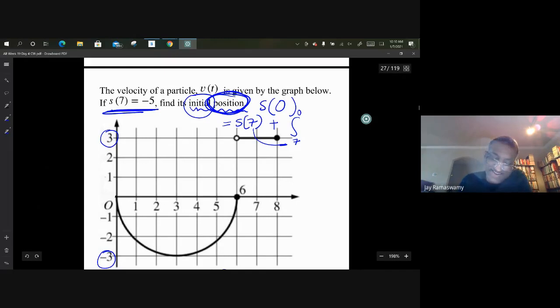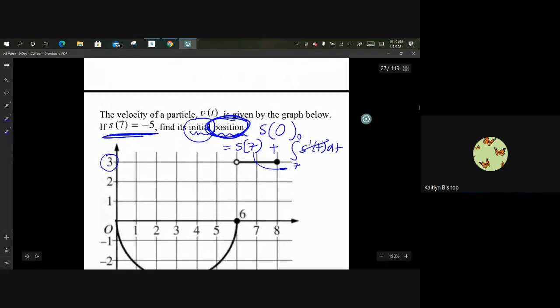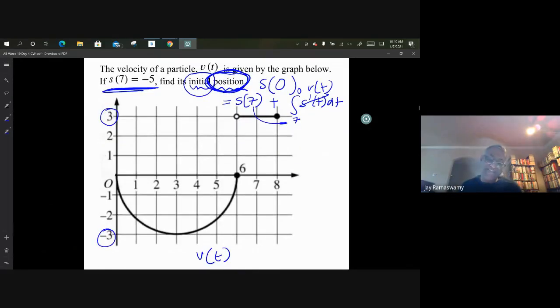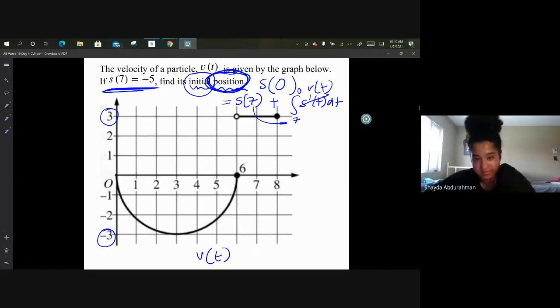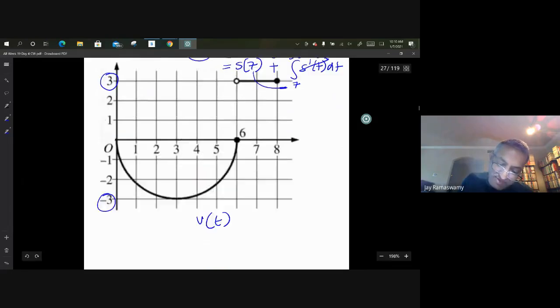It's 7 to 0. S dash of t dt. Guys, what's S dash after all? V. Is that the graph? Yes. In simple language, are we basically finding the area under the curve from 7 to 0? Is everybody following the lesson? I'm tying up a first semester concept. By the way, S of 7 was given to be -5, correct? Yeah.